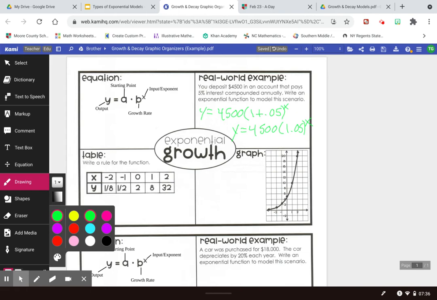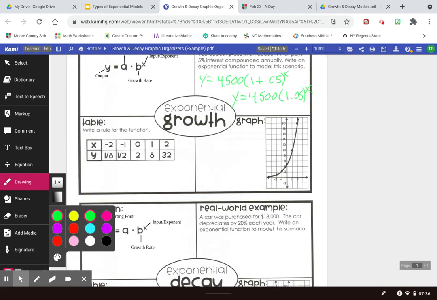Okay? Now, when you look at the graph of an exponential growth function, notice that it is increasing from left to right. So just like a linear function, you read the graph from left to right, and you'll notice that from left to right, it starts off with smaller values and increases in values as the curve goes up.